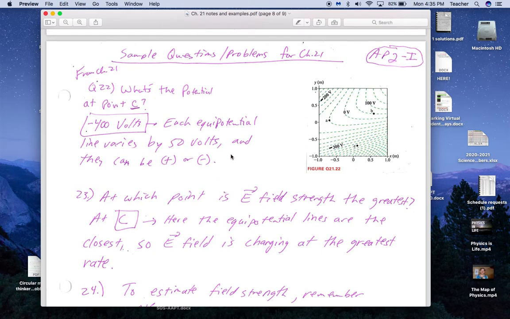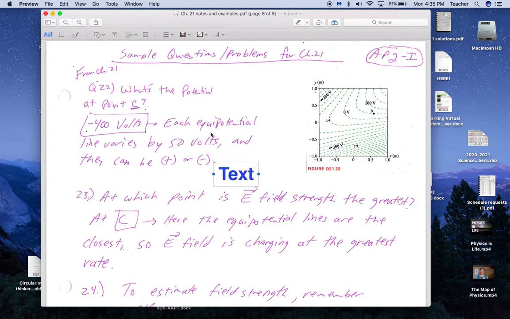At which point is the electric field strength the greatest? Well, if you recall, electric field strength can be thought of as force over charge or voltage over change in position.